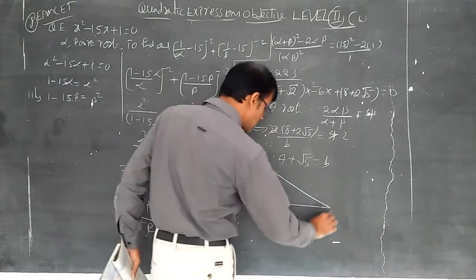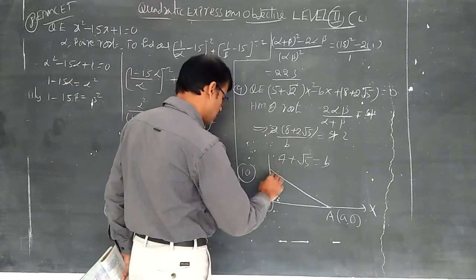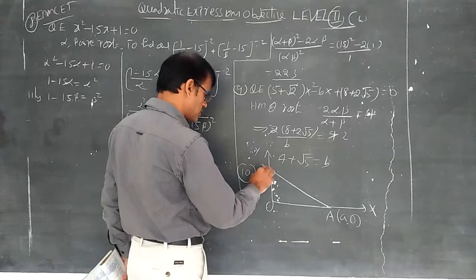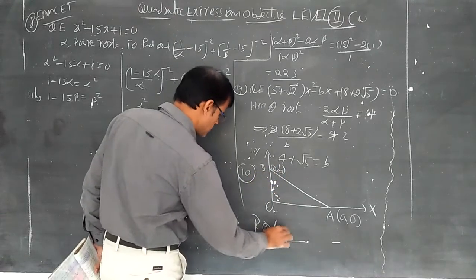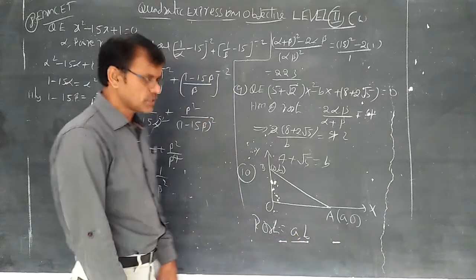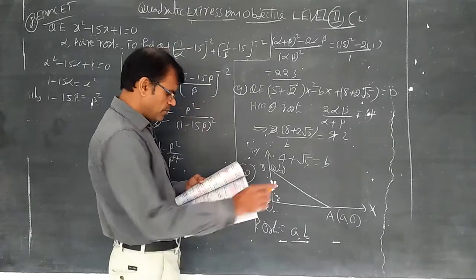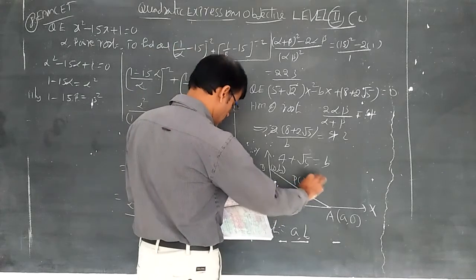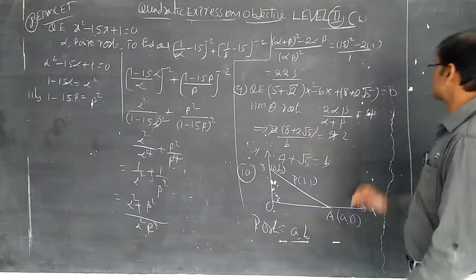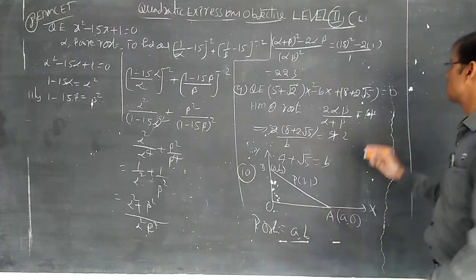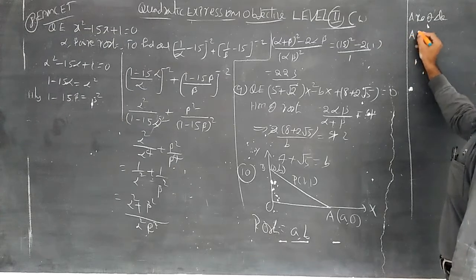You can understand here, this is capital A on the x axis, and this is capital B on the y axis, 0, B. Small a is the x intercept and small b is the y intercept, so the roots are a and b. The line passes through a point P, (1, 1), making a triangle of area capital A with the axes.